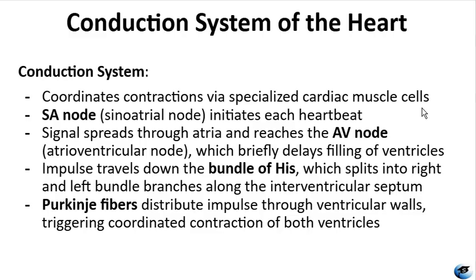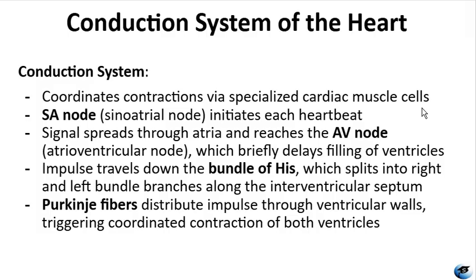And then the impulse quickly spreads through the atria and causes those to contract and then reaches the atrioventricular node, the AV node. This briefly delays the signal just long enough to allow the ventricles time to fill up with blood.